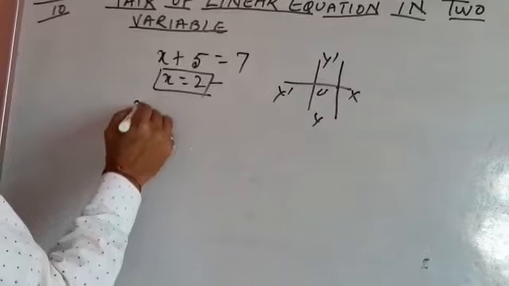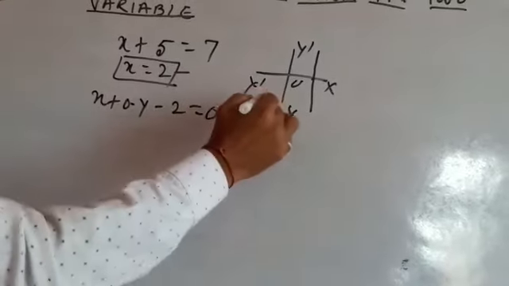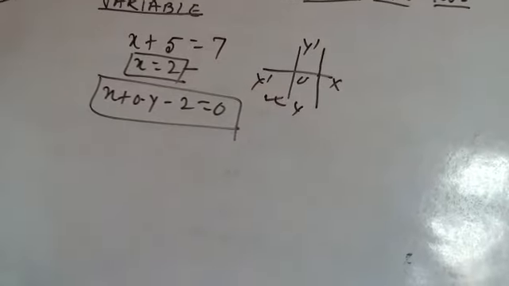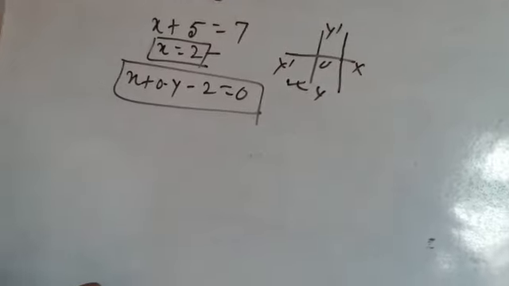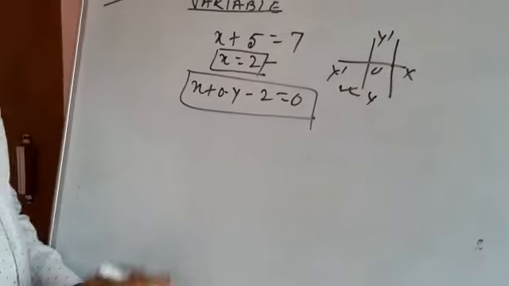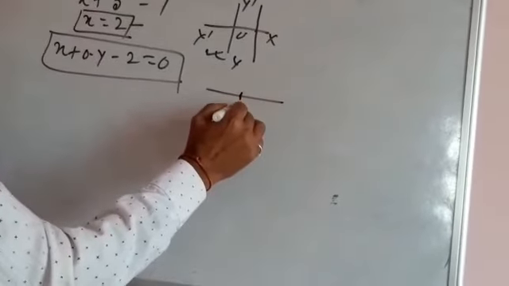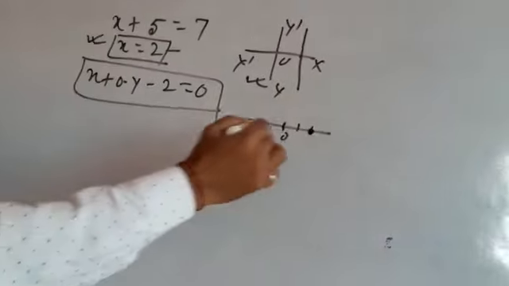It could be written as x plus 0 into y minus 2 is equals to 0, and this graph has been shown for this. So if x is equals to 2 and you want to show the solution geometrically, the answer would be simply this.